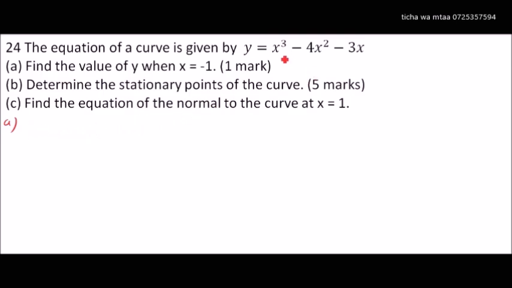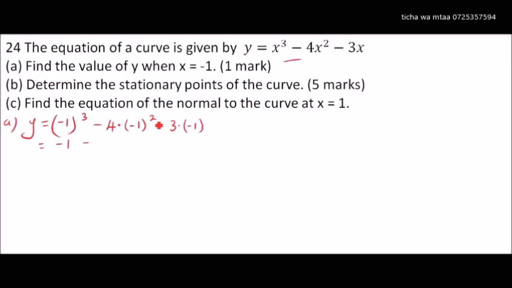So from our function here, we have y is equal to minus 1 raised to power 3, then minus 4, you multiply, the dot implies multiplication, minus 1 squared, minus 3 multiplied by minus 1. So minus 1 cubed will give you minus 1.